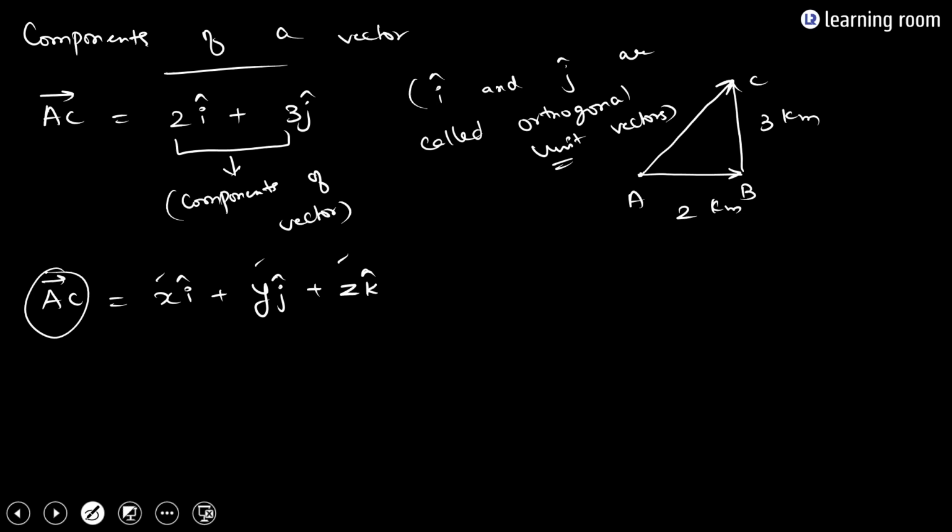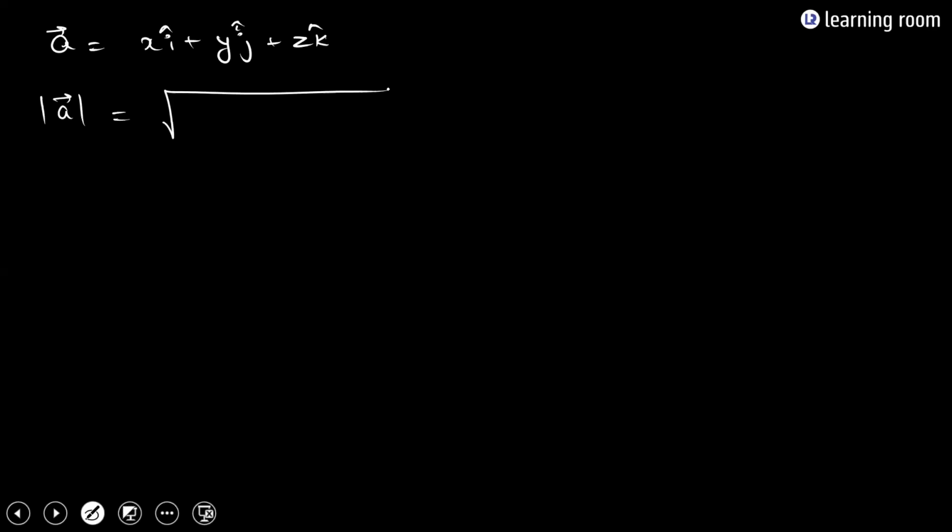When a vector A is given as x i cap plus y j cap plus z k cap, then the magnitude of A vector will be given as root of x square plus y square plus z square.